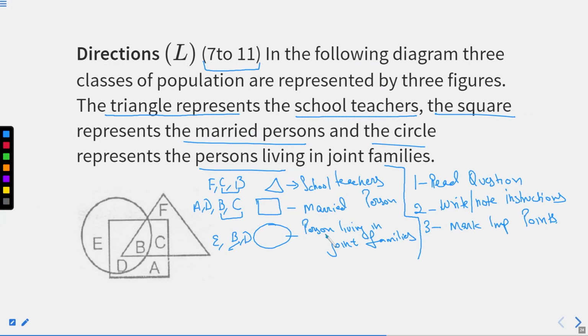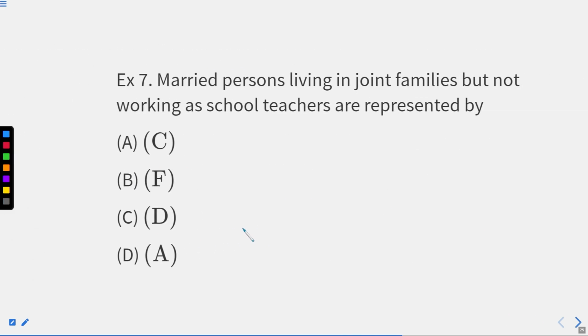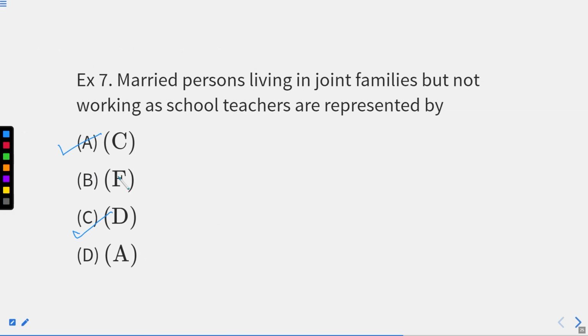What is common here now? That is only B and D. So B and D are the married persons living in joint family, but not school teachers. B is a school teacher, D is not, right? So D will be your answer instead of C. I hope now this question is clear, right?